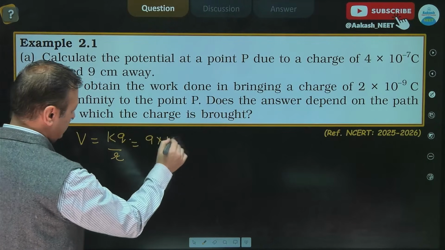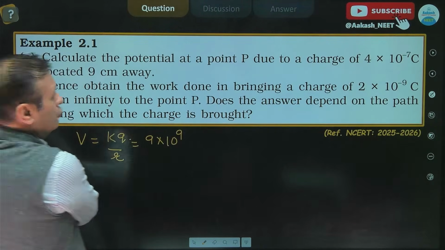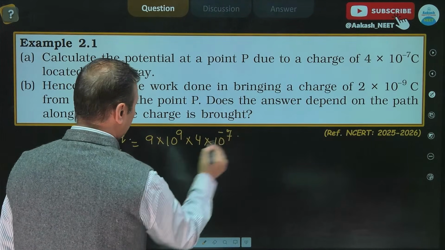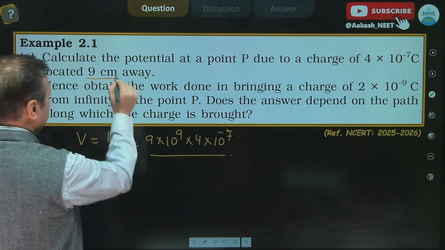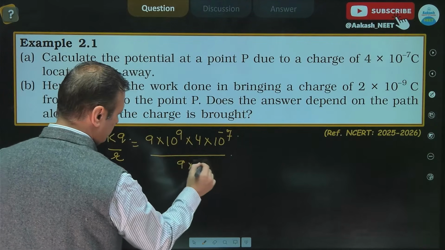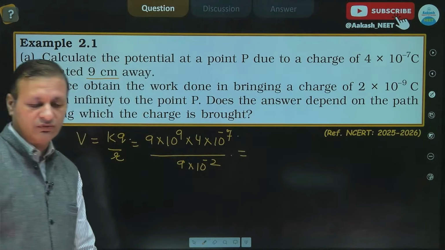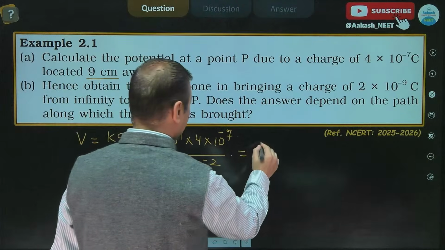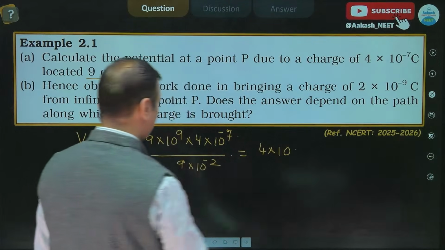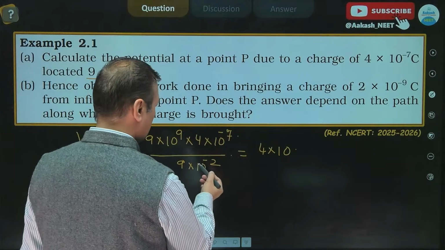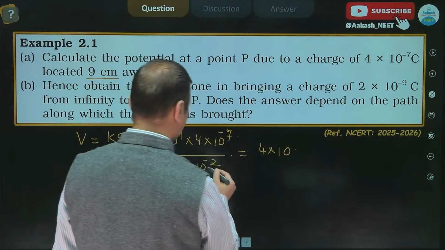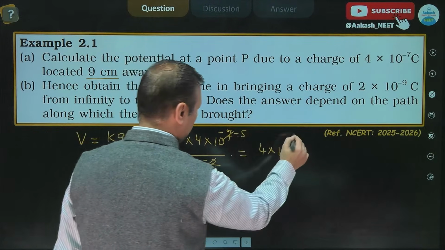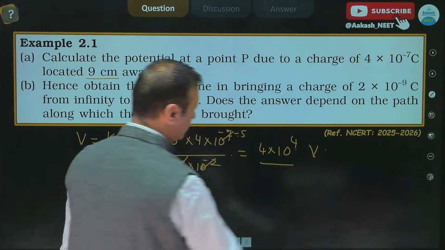So the value of k is this much, q is 4 into 10 to the power minus 7, by r, 9 centimeter away, so 9 into 10 to the power minus 2, and that would give you the answer for the potential. So this 9 goes with this, and it goes minus 5, so this is 4 into 10 to the power 4, and unit wise this is volts.